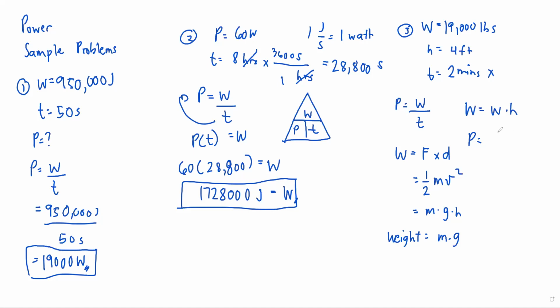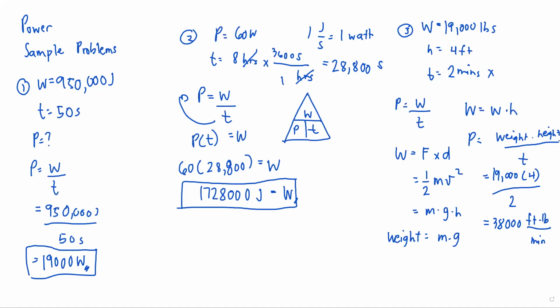So, power is equals to weight times height, all over time. So, 19,000 multiplied by 4, divided by 2 minutes, which is equal to 38,000 foot-pound per minute.